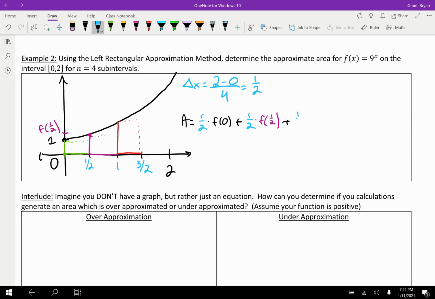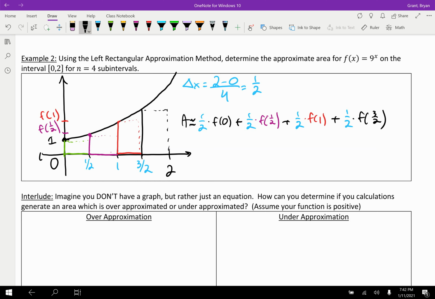It has a base of 1/2, and the height was created by using that 1. So this height right here is going to be f of 1. And we said 4 subintervals, so we certainly need one more. We'll do this last one in black. Looks like this. Okay, and that again has a base of 1/2, and the height, what is that height? The height's dictated by 3/2, so it's f of 3/2. Great, I should say approximately.